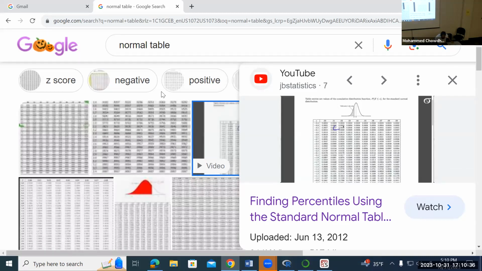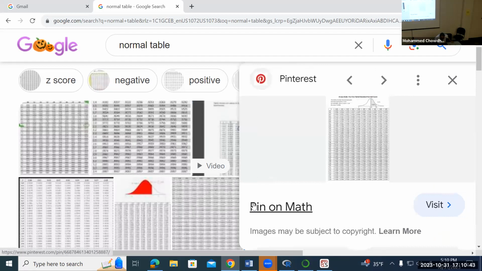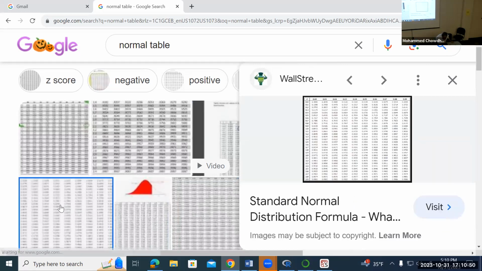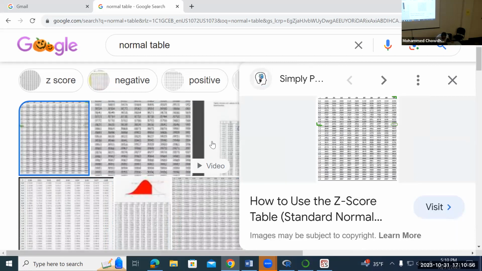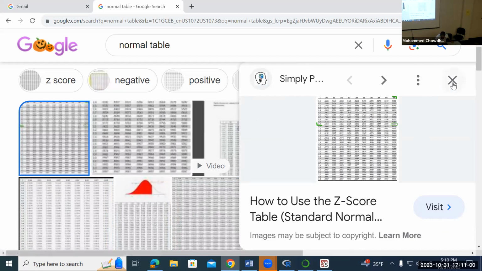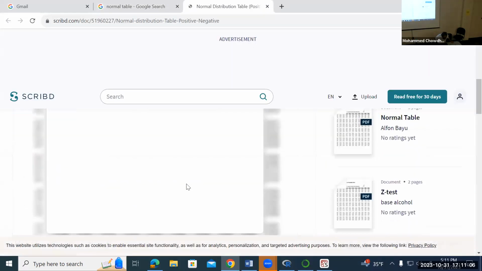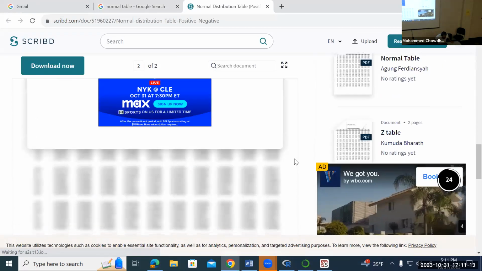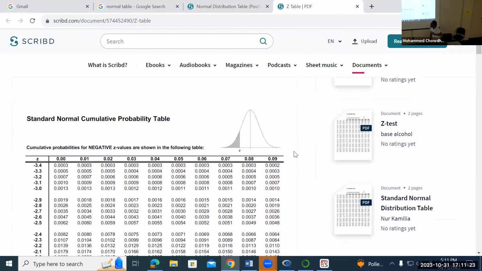No, I don't want that one either. This is the normal table.